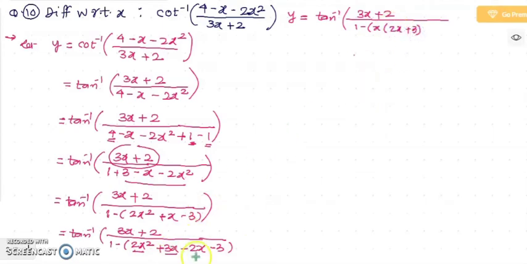And then from the remaining two terms, if I take minus 1 common, it will be again 2x plus 3 inside the bracket.